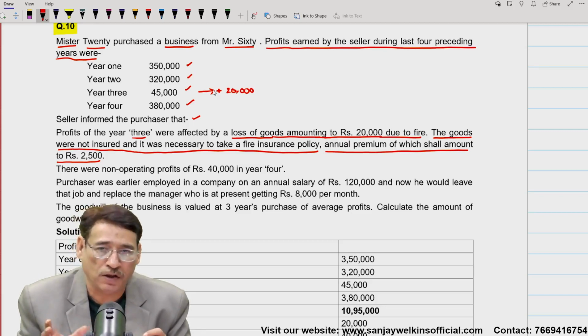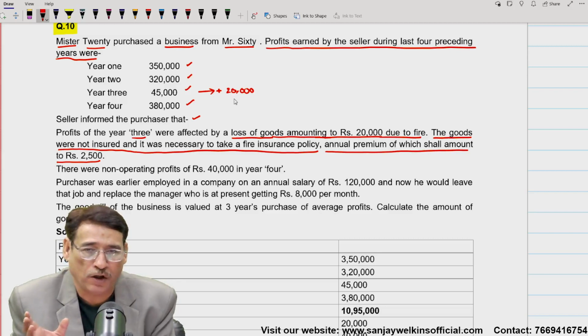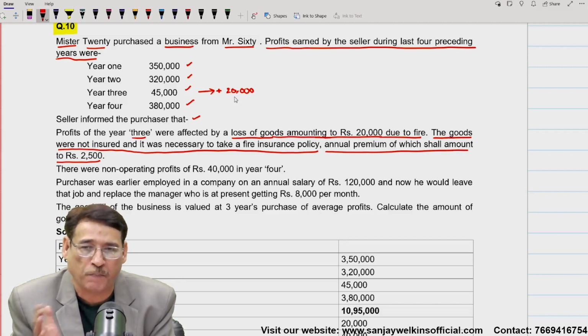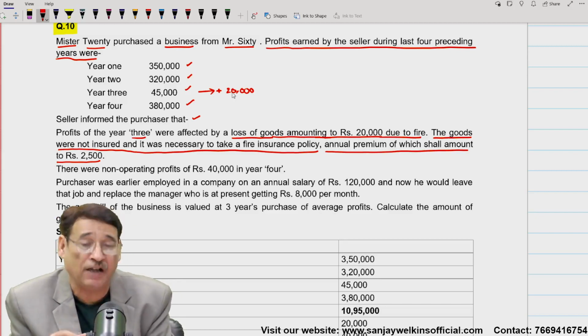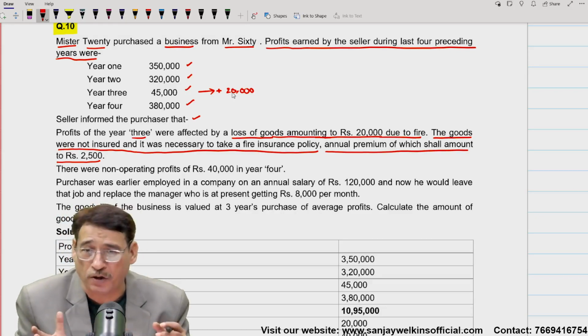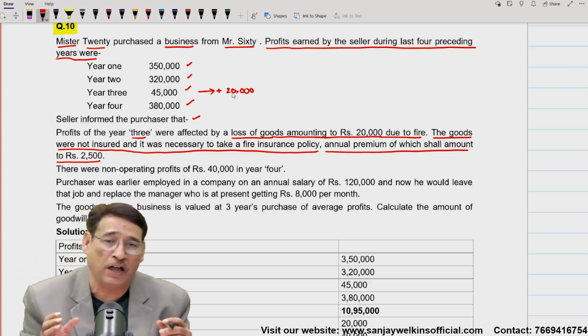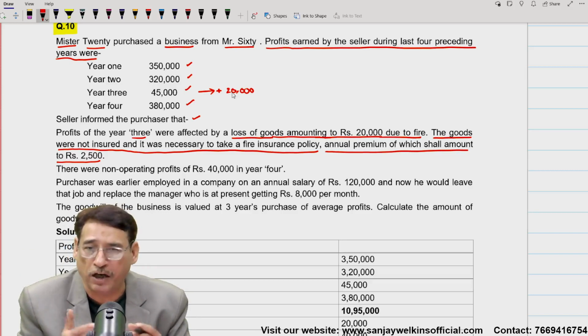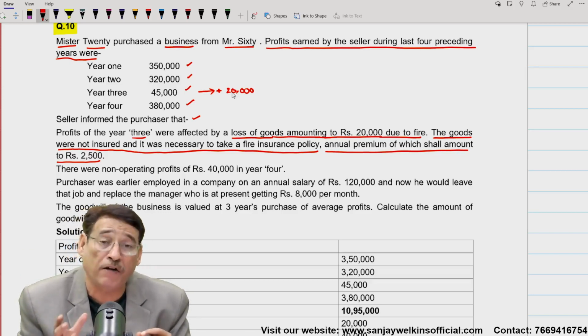He told you, sir, obviously we are going to add the abnormal loss, but the surety of the fact that this particular loss will not take place in future depends upon the fact that I will take an insurance policy. That means indirectly you are telling that this loss would not have taken place if an insurance policy on an annual premium of 2,500 would have been taken.